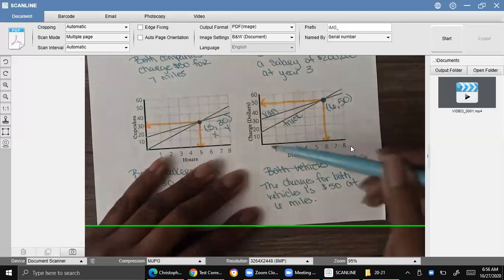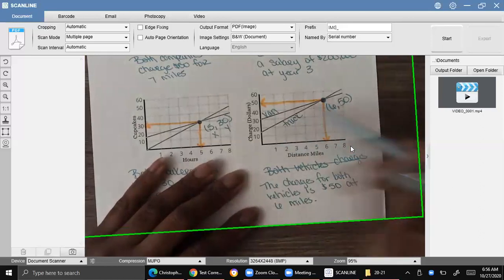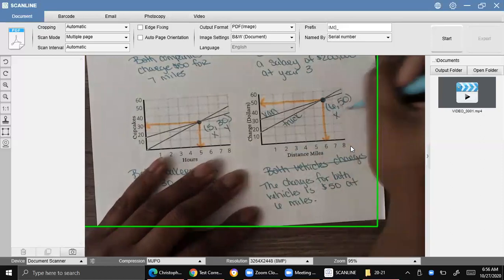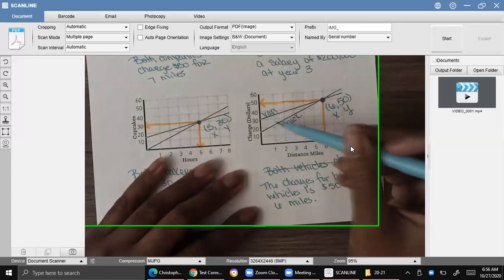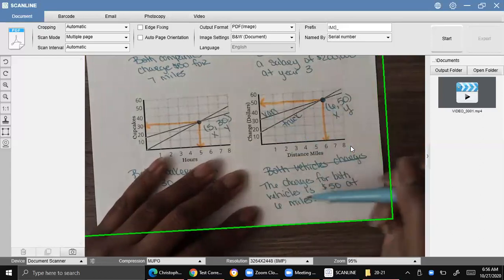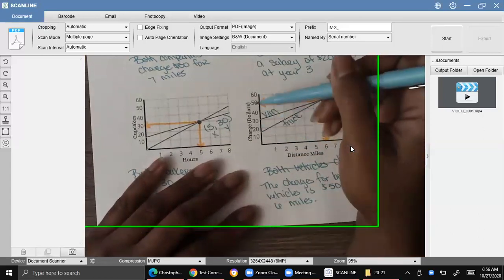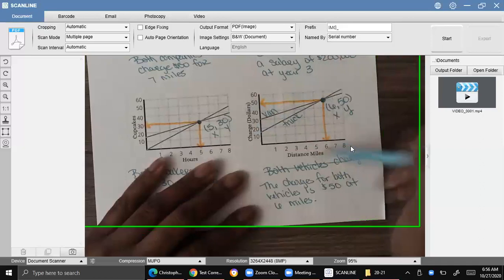So you literally are going to put your point, find out what your ordered pair is. This is my X, this is my Y. And then take whatever the two things are you're comparing, the charges for both vehicles, and then get your number and the label. So the charge is $50 at 6 miles.